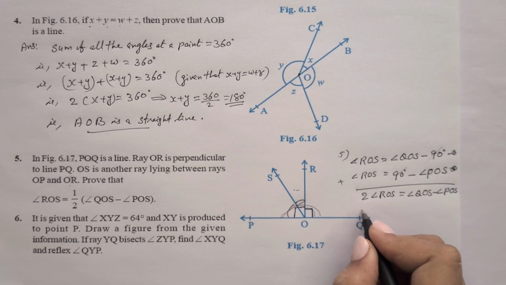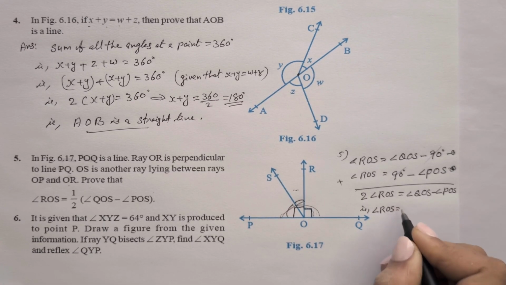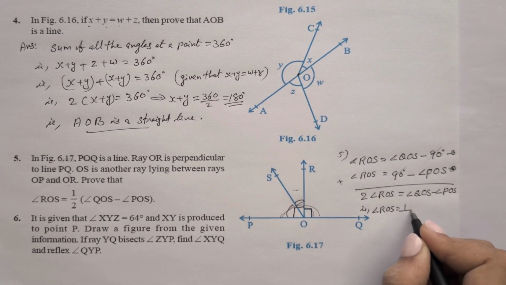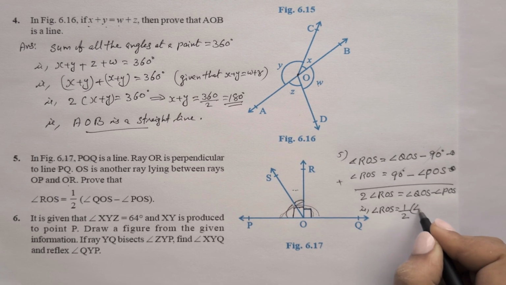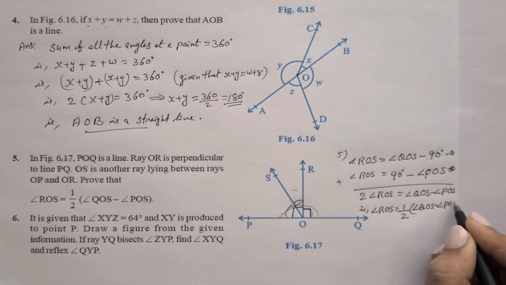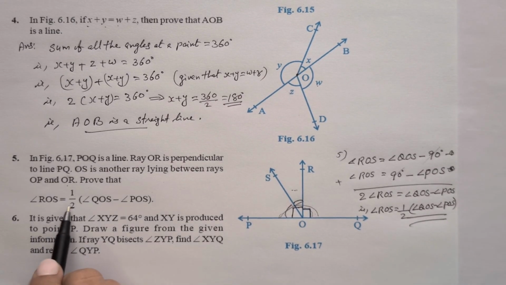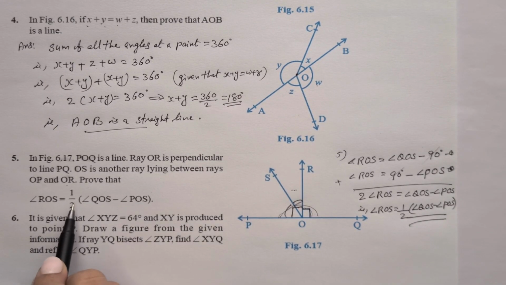From that, angle ROS is equal to, this 2 will go to the other side, that means half of angle QOS minus angle POS. That's what we had to prove. Angle ROS is equal to half of angle QOS minus angle POS.